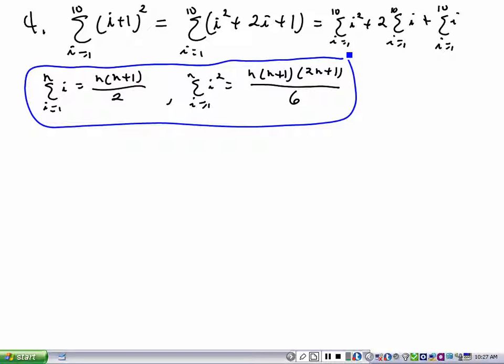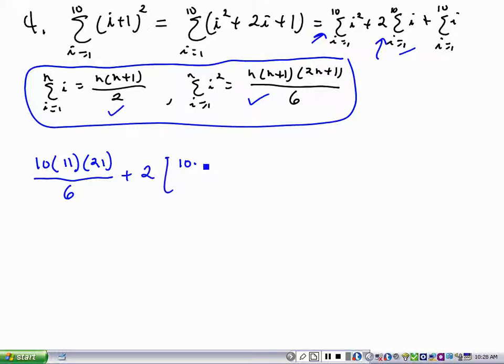to calculate the summation. So you've got the summation of i squared as i goes from 1 to 10, looking at this part. We use this formula right here. So that becomes 10 times 11 times 2n plus 1, that's 21, divided by 6, plus 2 times the summation of i, we use this formula, so this becomes 10 times 11 divided by 2.